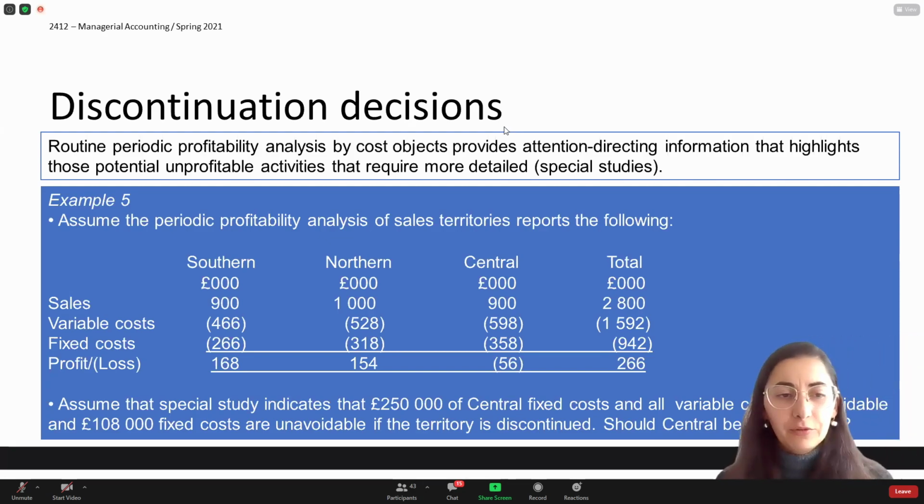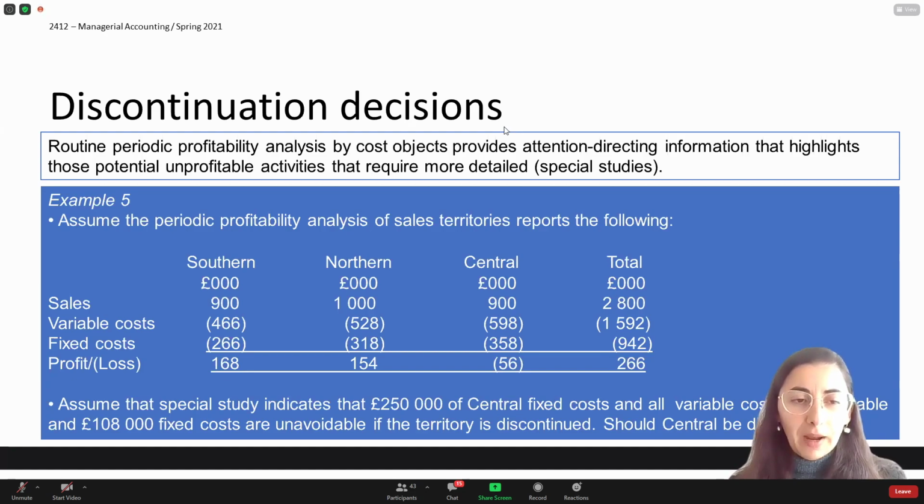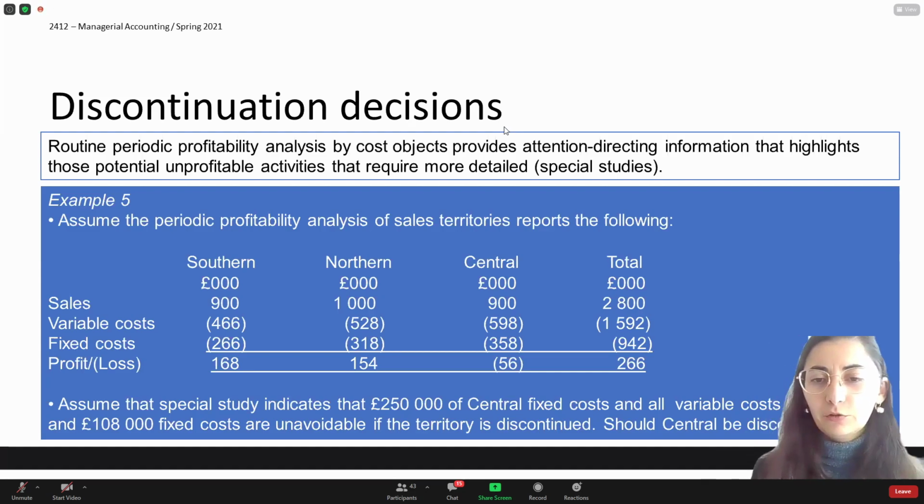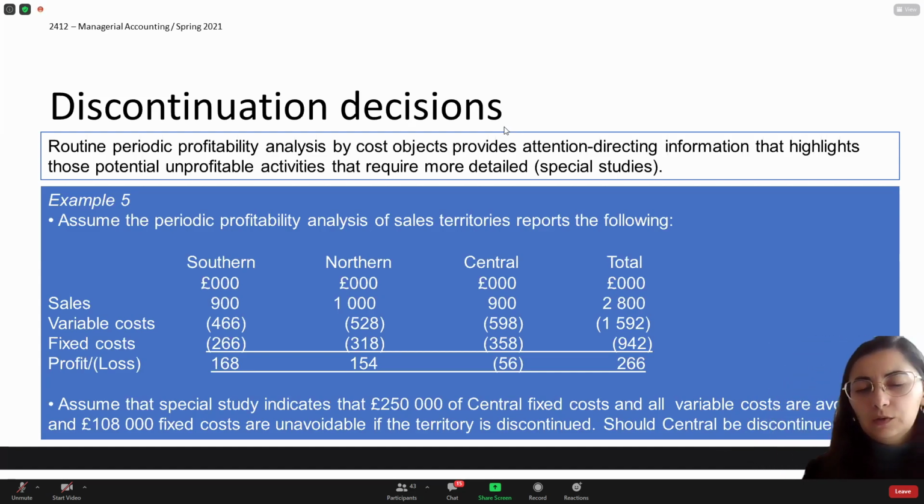So we have fixed costs of 358,000. So out of the 358,000 fixed costs, we can avoid 250,000. That means that the remaining 108 fixed costs, they are unavoidable. Okay, even if we discontinue this territory. So now the question is if we should or not discontinue Central.